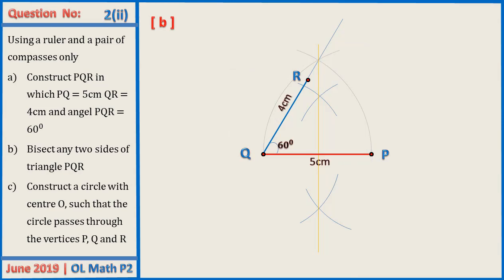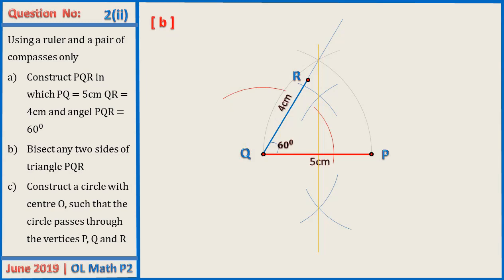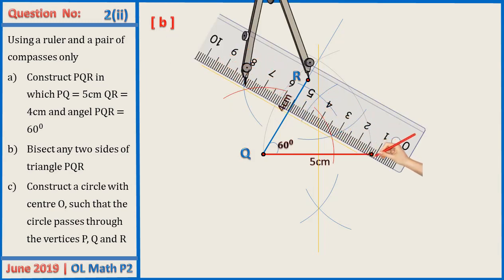And then I'll equally bisect PR. So I'll place my compass at P and open it out to above half of the length of the segment PR, make a construction line above and below. I'll place it at R and do the same thing. I now use my ruler to link these two points.